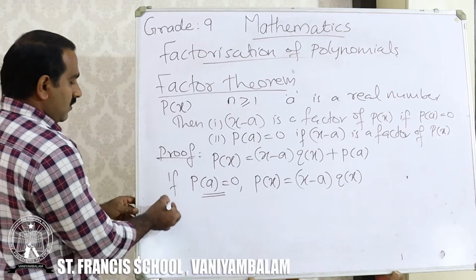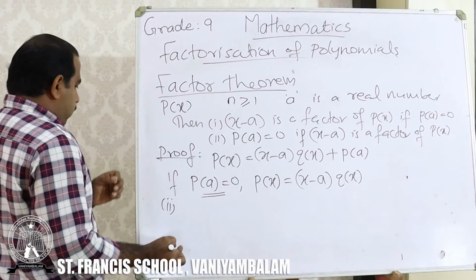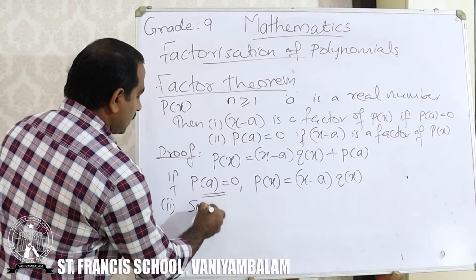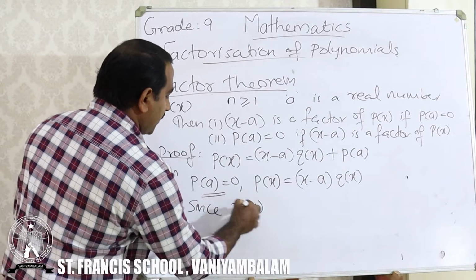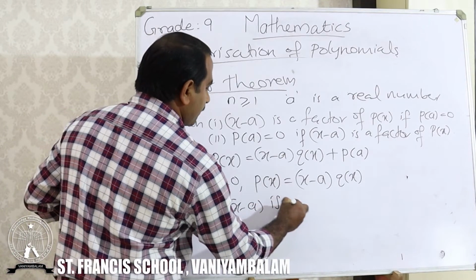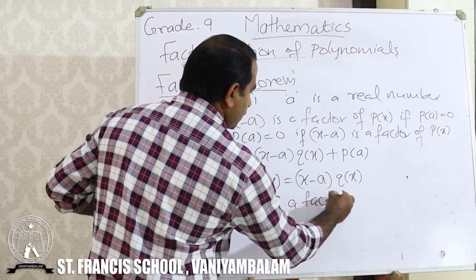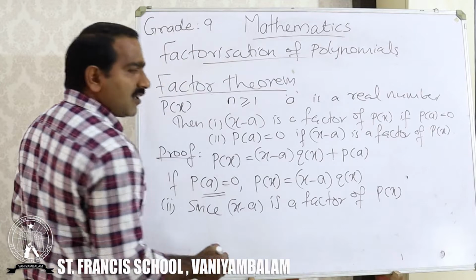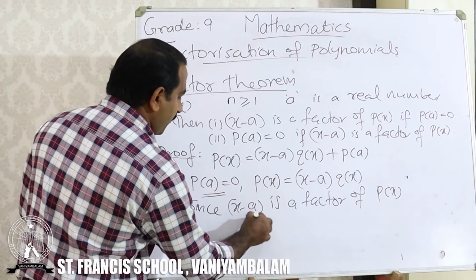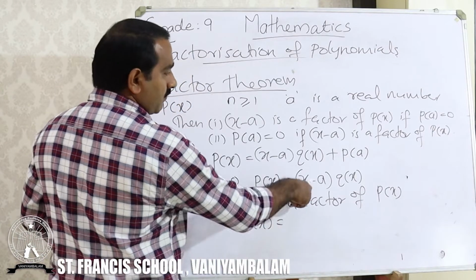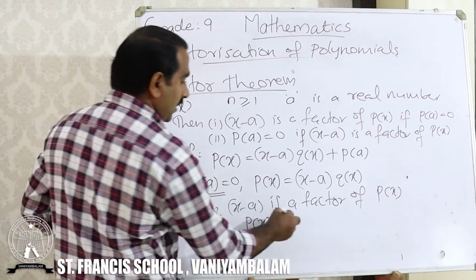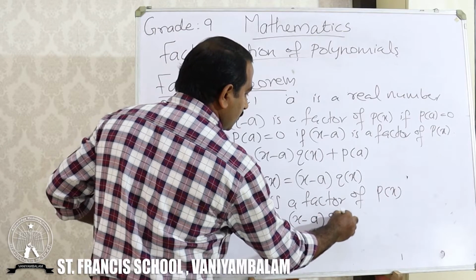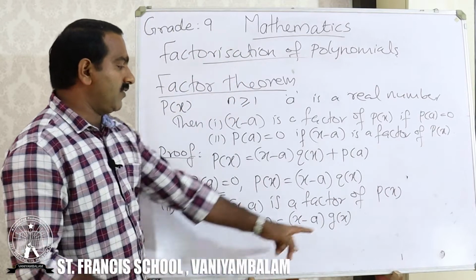Then second, since x minus a is a factor of P of x, we can write P of x equals x minus a into g of x for some polynomial g of x.